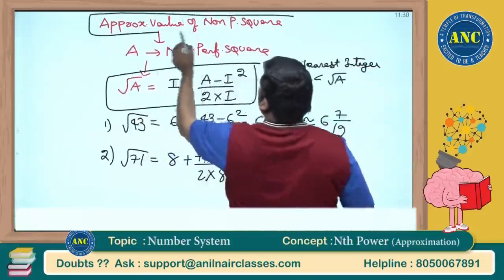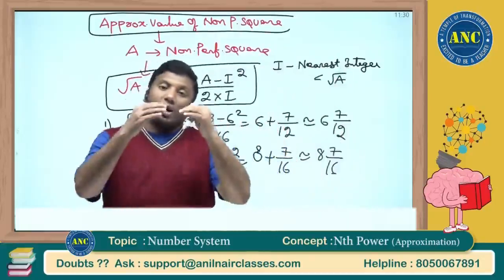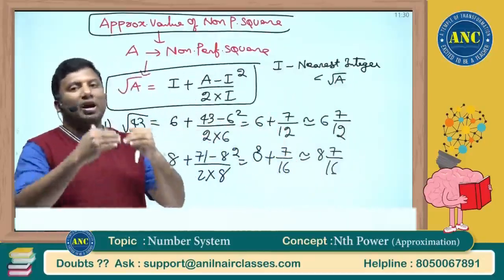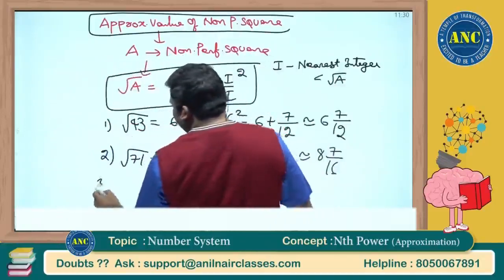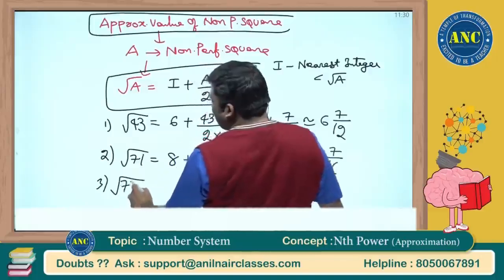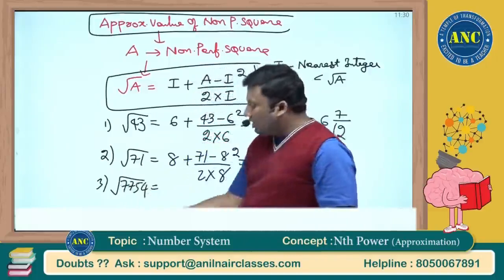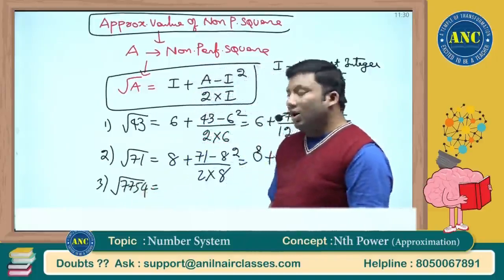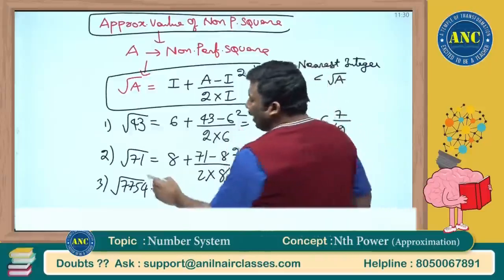How to find the approximate value of a non-perfect square? You can proceed to a 3-digit number, a 4-digit number or a 5-digit number. Let me take, for example, 7754. It is not a perfect square, because any perfect square is of the form 4k or 4k plus 1.